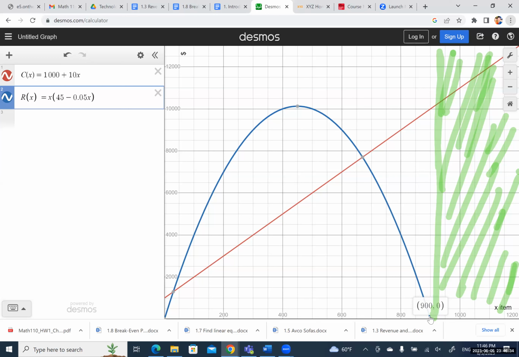I mean, with the price, when demand is 900 here, the price could be very low, so that might make revenue zero.